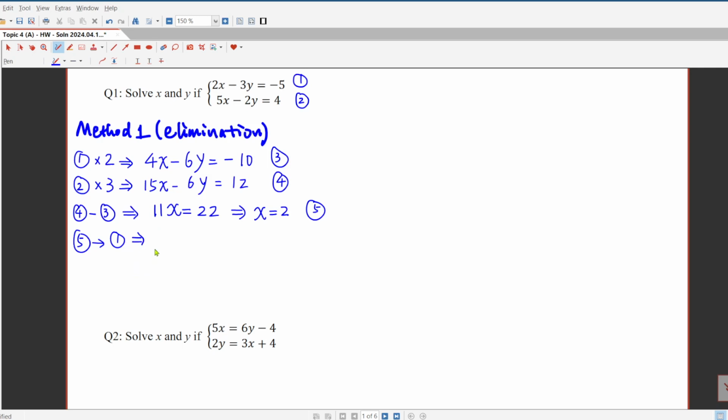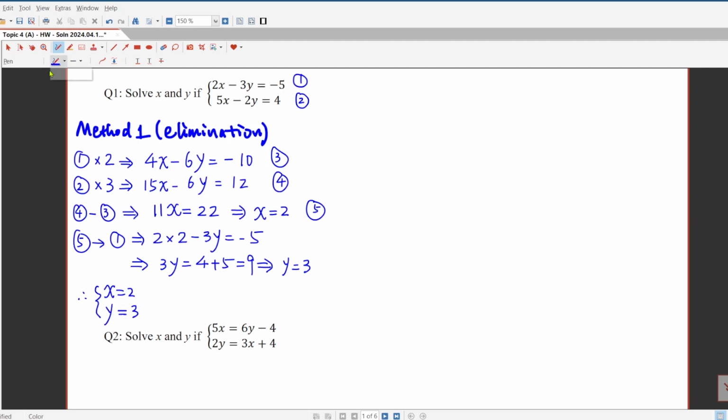Then we will have 2 times x, which is 2, minus 3y equals negative 5. And from there, you can have 3y equals 4 plus 5, which is 9. Therefore, we have y equals 3, right? And eventually we have a pair of solutions there, which is x equals 2 and y equals 3, right?